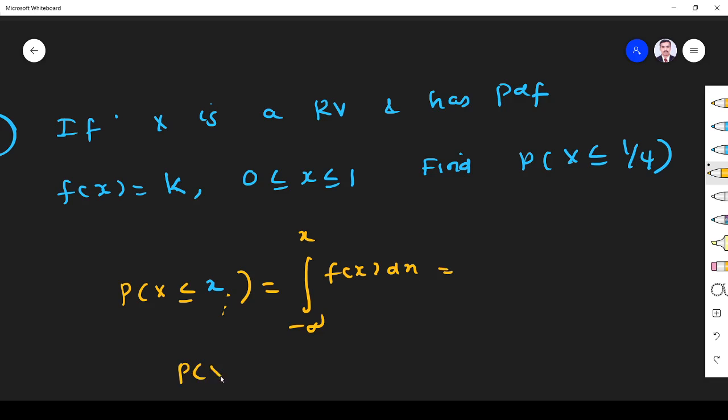So here P of x less than or equal to 1 by 4, but in my problem x starts from 0. So I put 0 to 1 by 4 f of x dx.